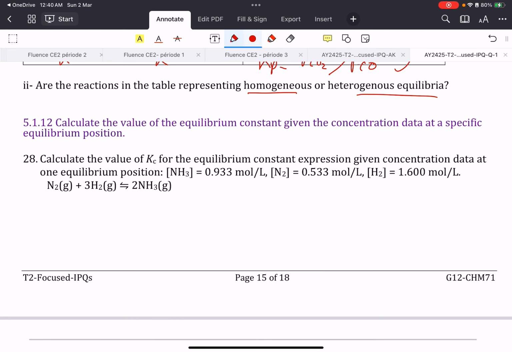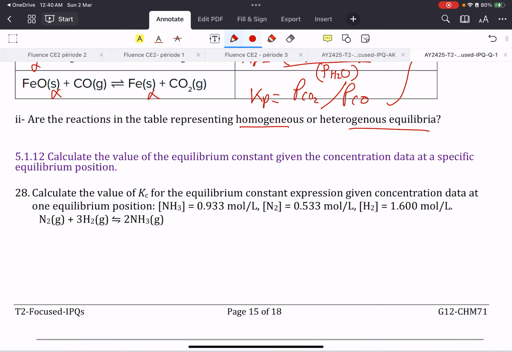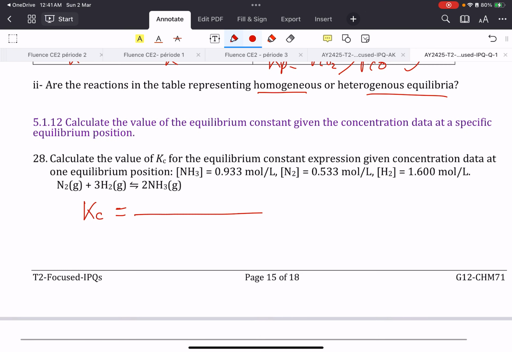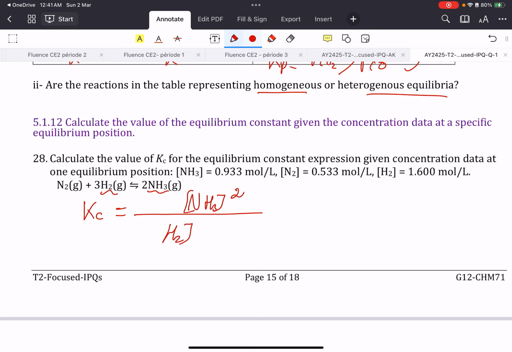Calculate the value of Kc for the equilibrium constant expression given concentration data at one equilibrium position. So first of all, we need to write the formula of Kc before substituting. So here's the equation. NH3 squared over H2 and N2.